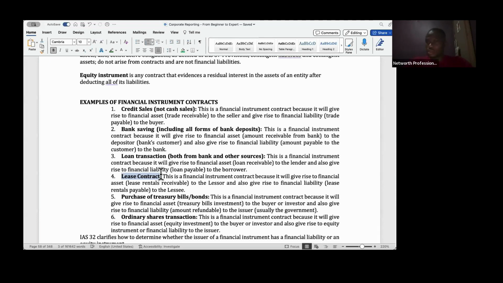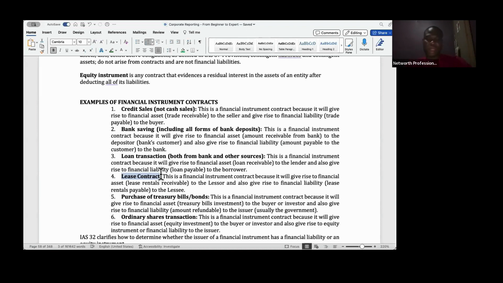Another one is treasury bills or bonds, like the ones CBN or the federal government just issued recently. That is also a financial instrument contract because it gives rise to a financial asset of one entity, who is usually the investor. The investor will always have a financial asset because you have a right to receive cash from the government in the form of interest and repayment of principal.